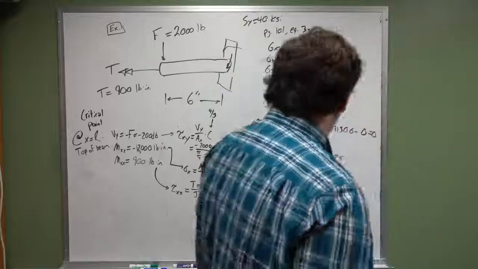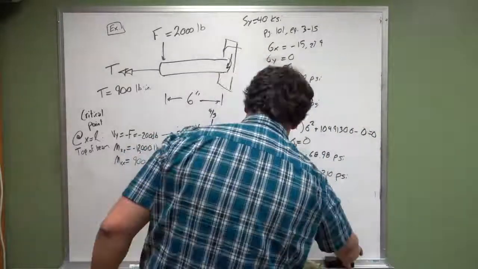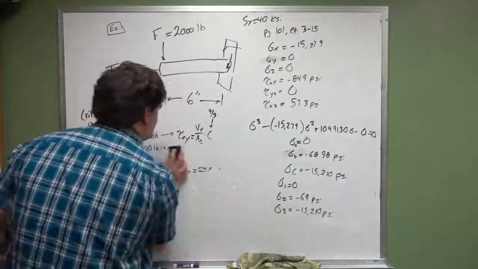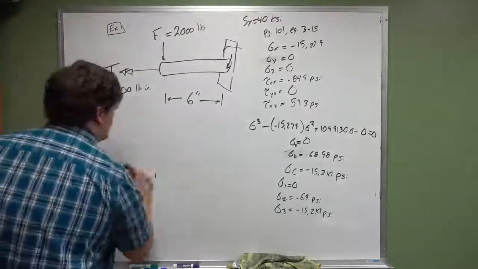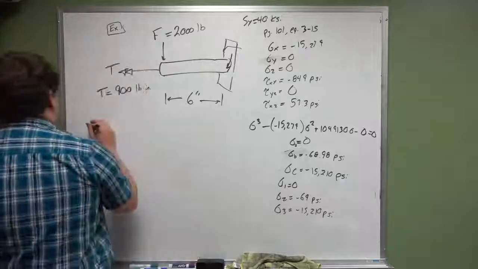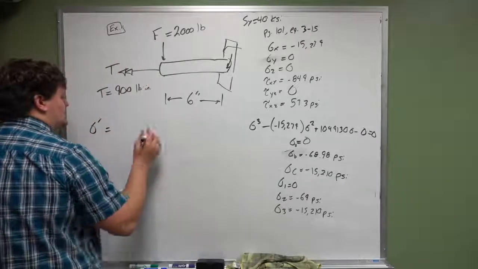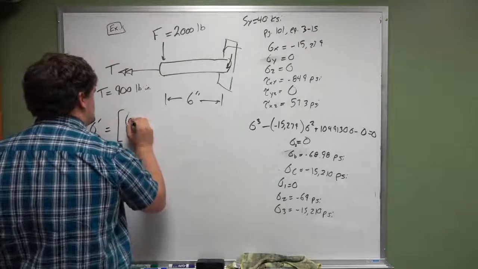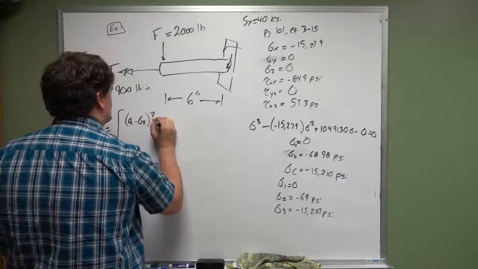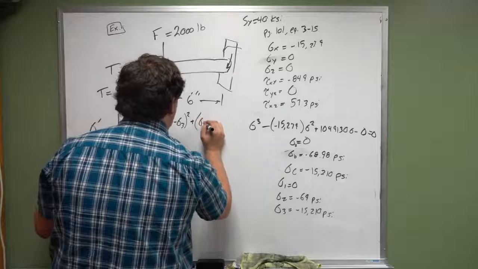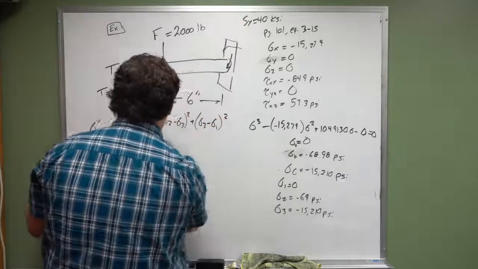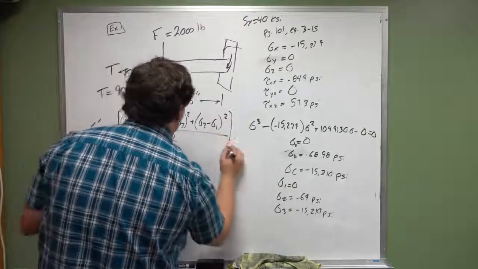The equation for von Mises stress is, I'm going to erase this work over here now, sigma prime is equal to sigma 1 minus sigma 2 squared plus sigma 2 minus sigma 3 squared plus sigma 3 minus sigma 1 squared, divided by 2, to the 1/2.